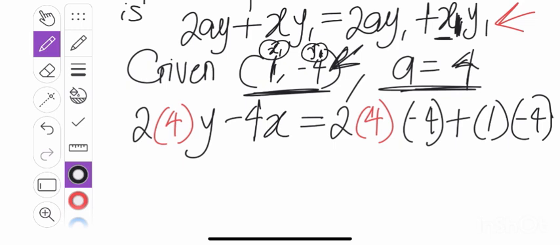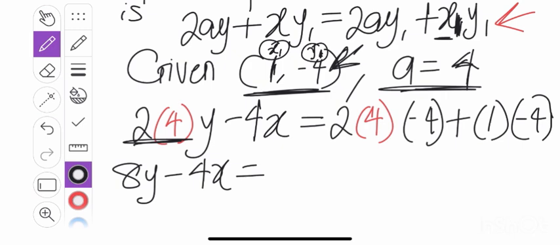Then we continue with the basic operation. Just a simple calculation thereafter. This is going to give us 8y minus 4x equal to, now this 2 times 4 times 4, or 4 times 4 is 16 times 2 is 32. So negative 32, because we have negative 4 there.